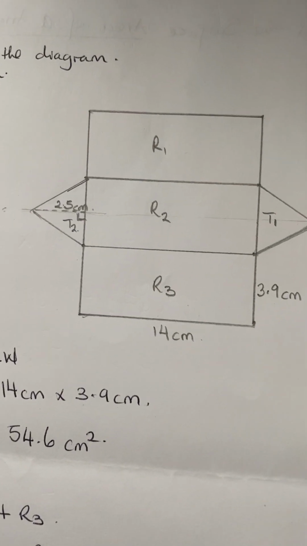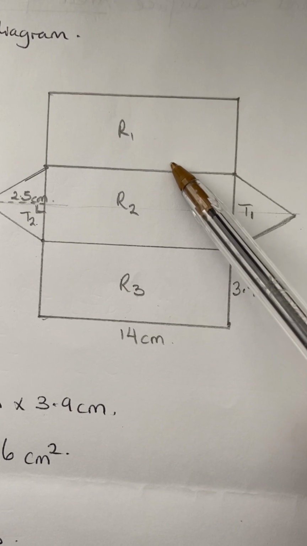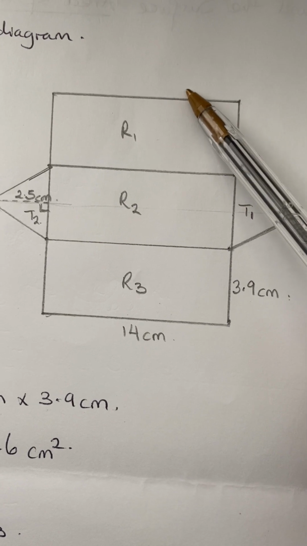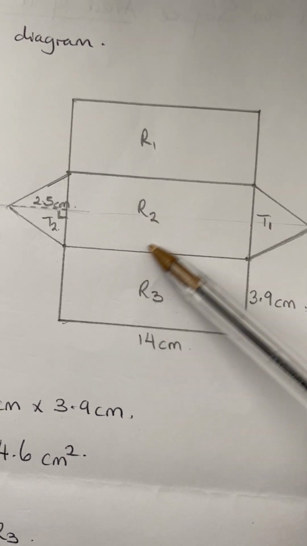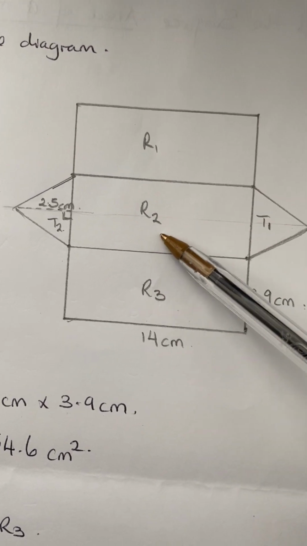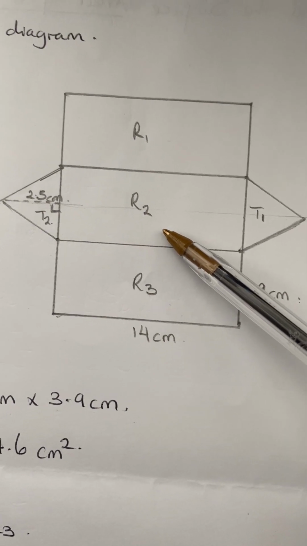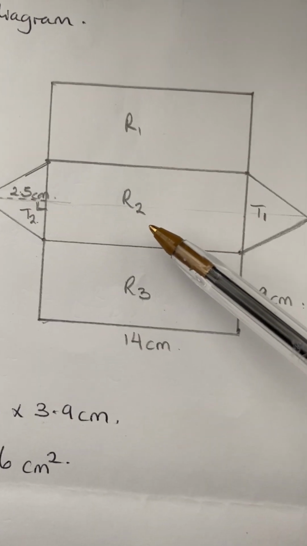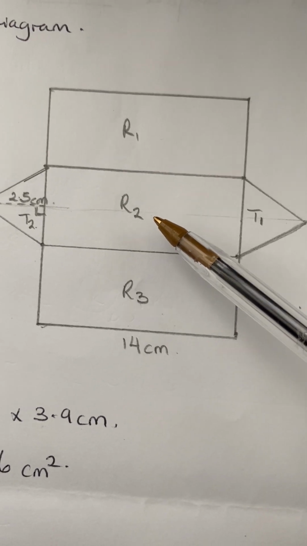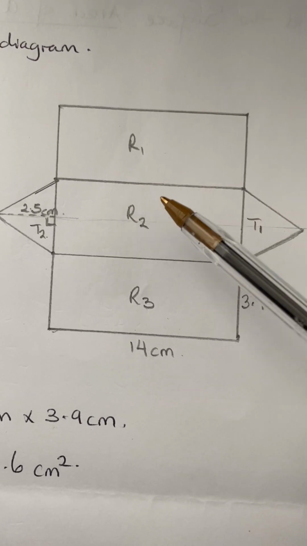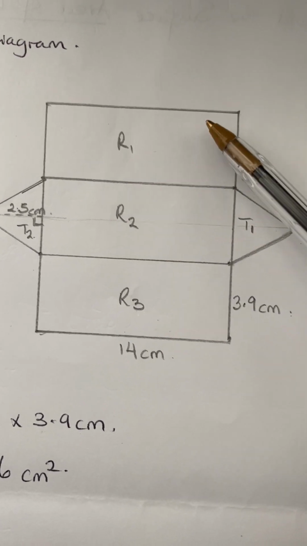Now look at this carefully. Okay, if you put them together, this looks like a triangular prism. Yeah. So what we just did now is to find the surface area.